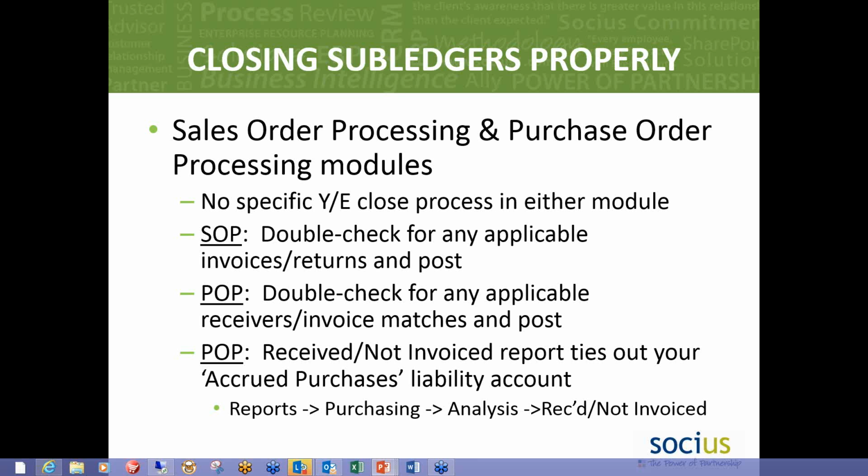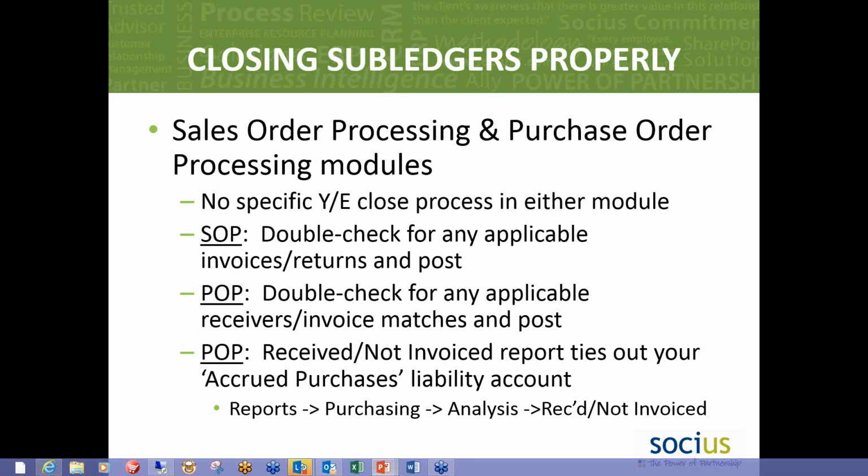And in purchase order, make sure that you double check for any applicable receivers or invoice matches and make sure that you post those. The receiving process creates an accrued purchases account transaction in your general ledger, so we want to make sure that in purchase order you also produce your received not invoiced report, and then you can reconcile your accrued purchases account to that report.